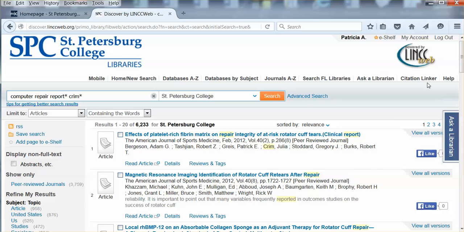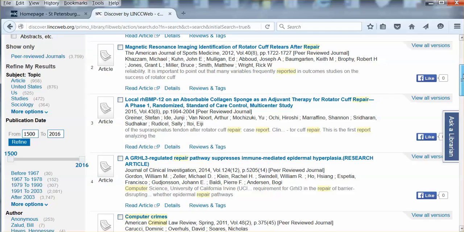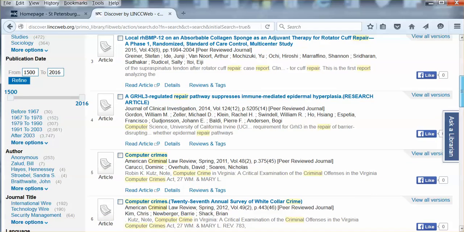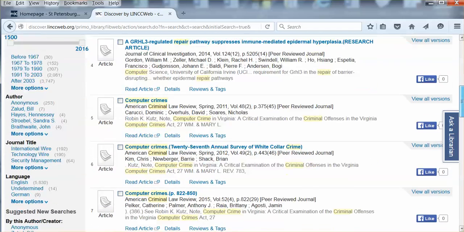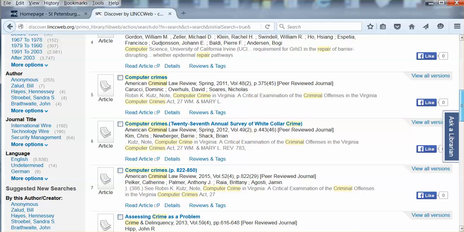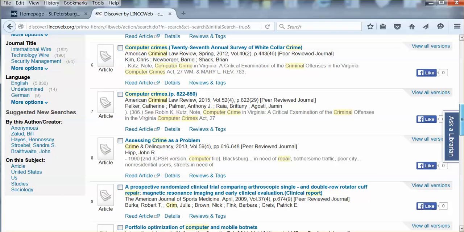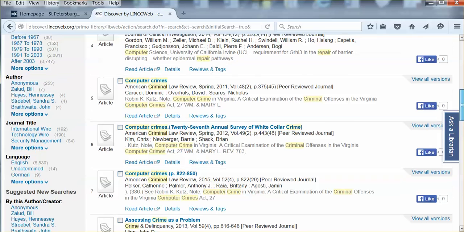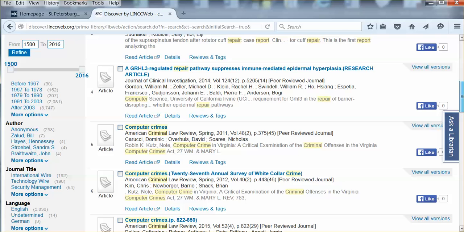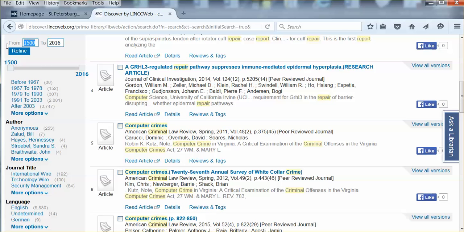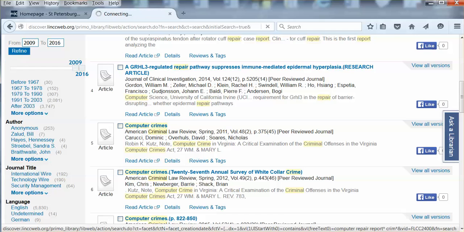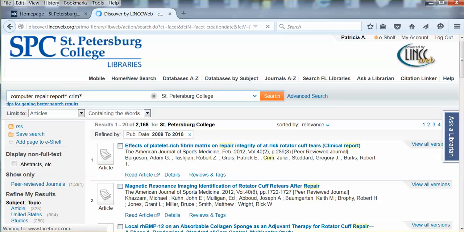6,233 results, and we can come down and have a look at some of them. Some of them mention computer crimes, assessing crime as a problem. Not quite sure that we're really on target. Let's change our dates though. Let's set it to 2009 until 2016 to narrow it a little bit.